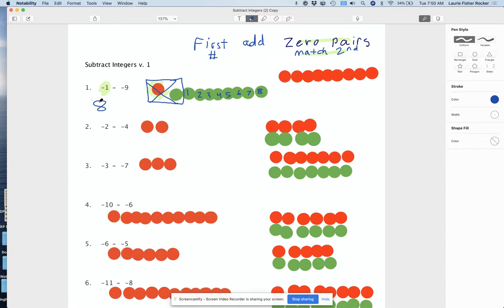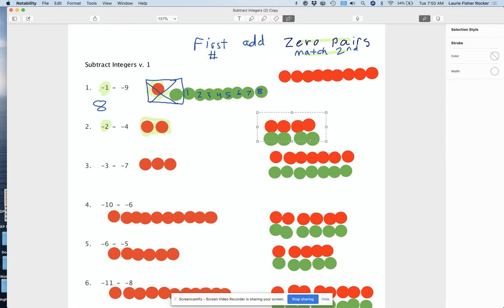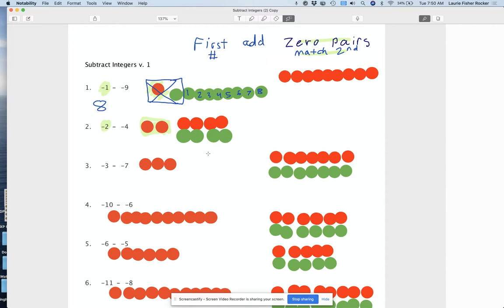Let's look at this next one. First, add the first number. The first number is -2, so I have 2 red counters. Then minus -4. Since the next number is -4, we put in 4 0 pairs. Now I do the problem: -2 minus -4.